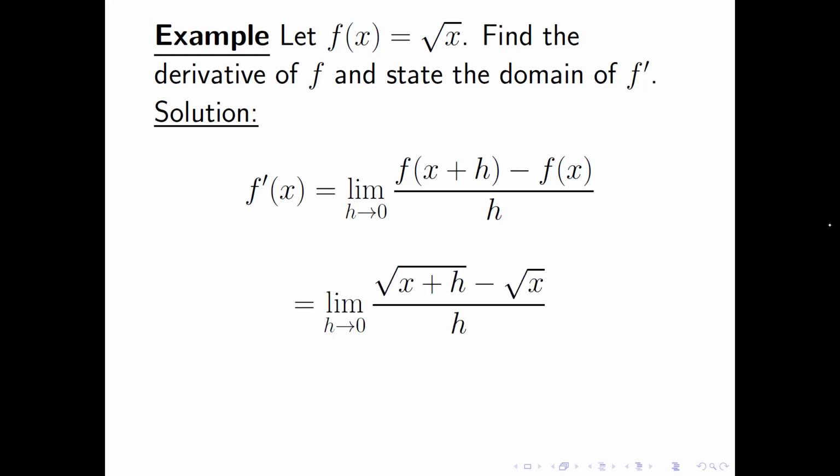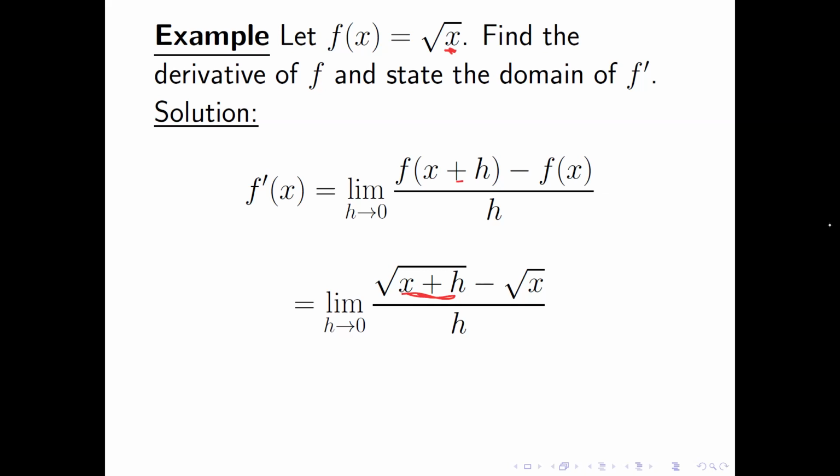So by using the definition, we may just straight away substitute: where there's x, we substitute x plus h, minus f of x. f of x is just the square root of x, over h. This is not a miracle, it's just straight substitution.